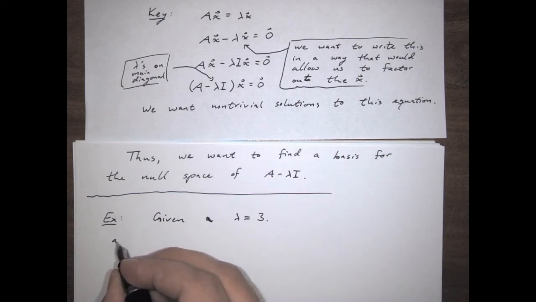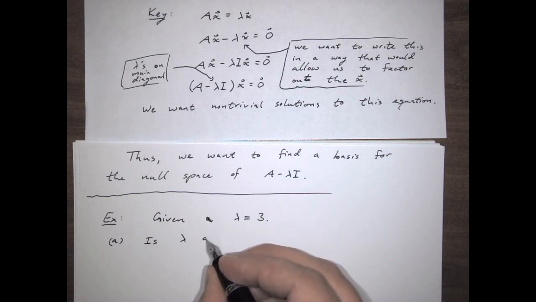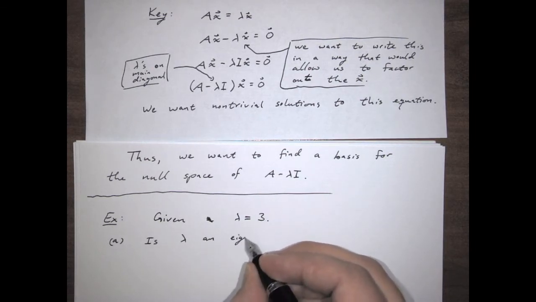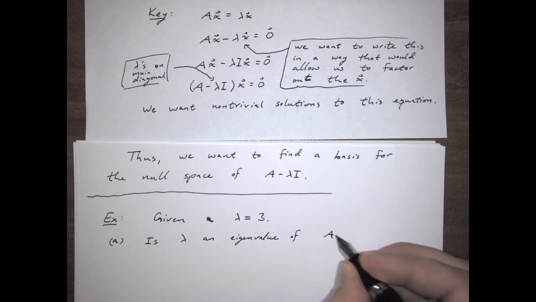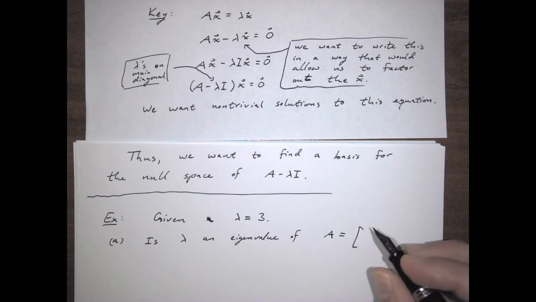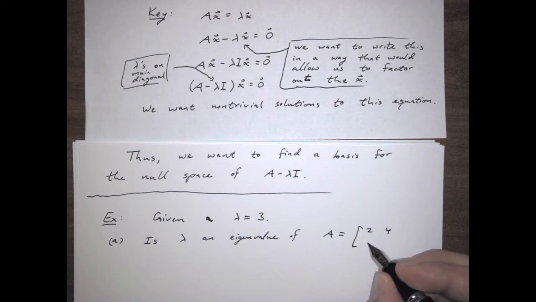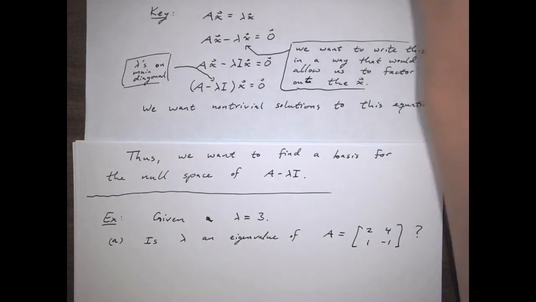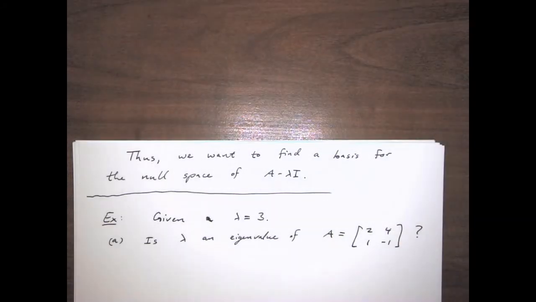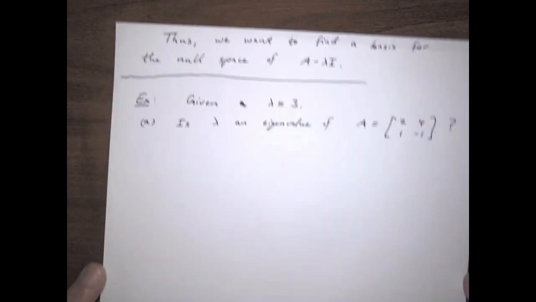Step 1: is lambda an eigenvalue of A, which will be equal to 2, 4, 1, -1? So that's task number 1. And the answer may be yes, it may be no. If the answer is yes, then we should be able to find an associated eigenvector.